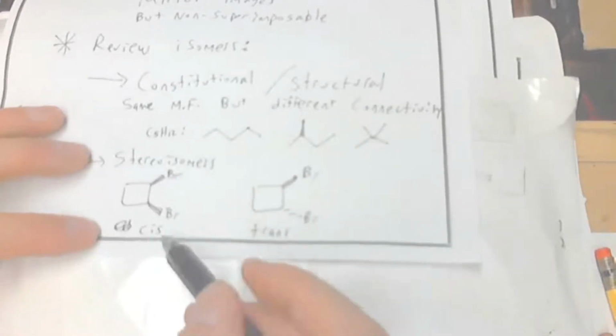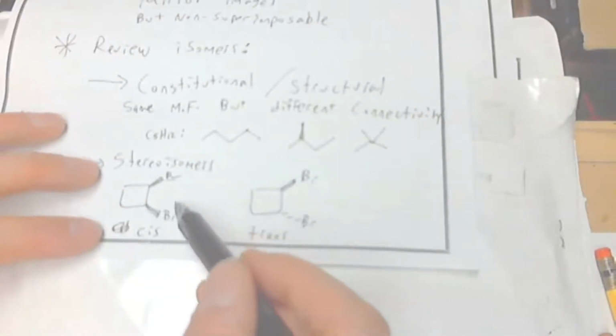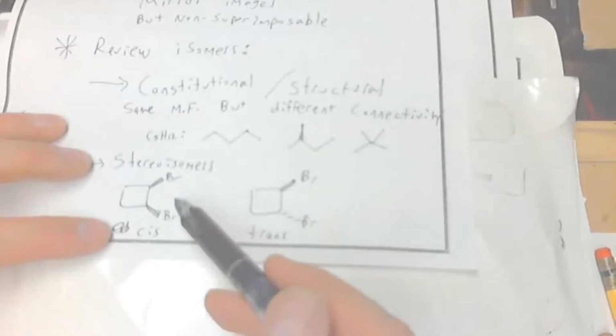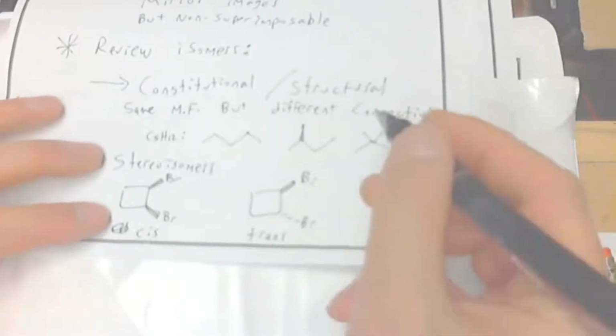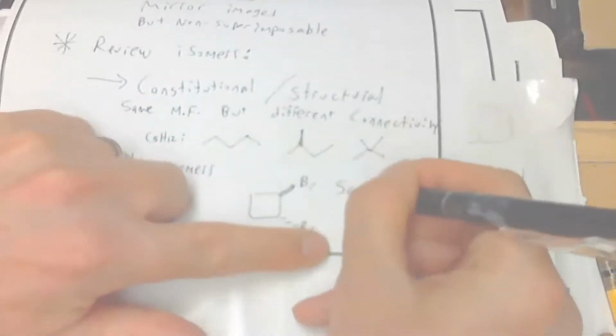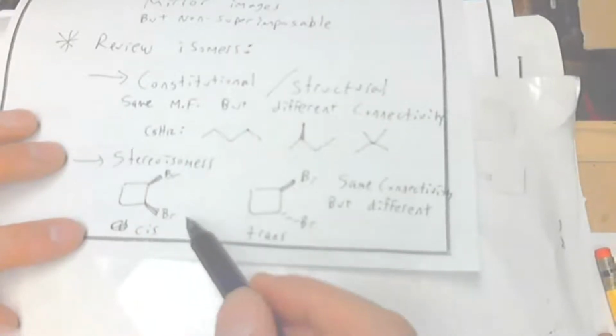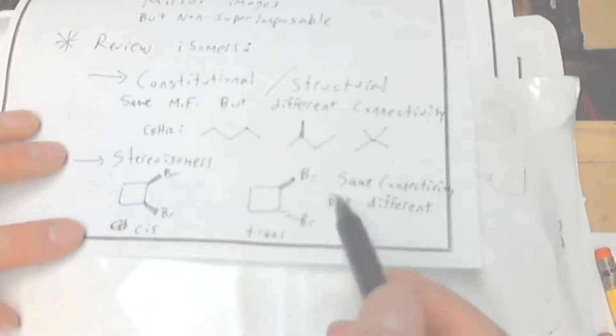So what defines a stereoisomer is the same connectivity. Here it was different connectivity, now it's the same connectivity, but different what? Somebody said spatial orientation.